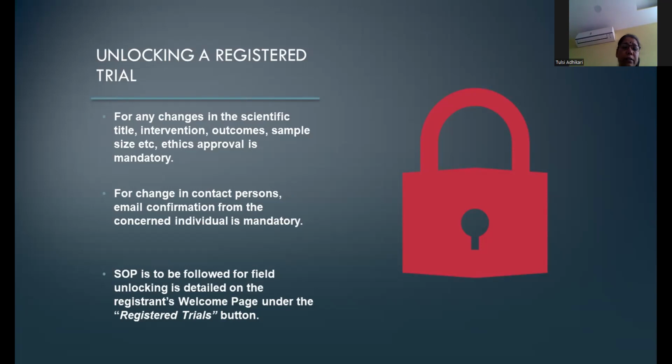There is a specific SOP which has to be followed. SOP means in which format and what all approvals you have to upload. So there's a SOP for unlocking the fields that you have to follow.